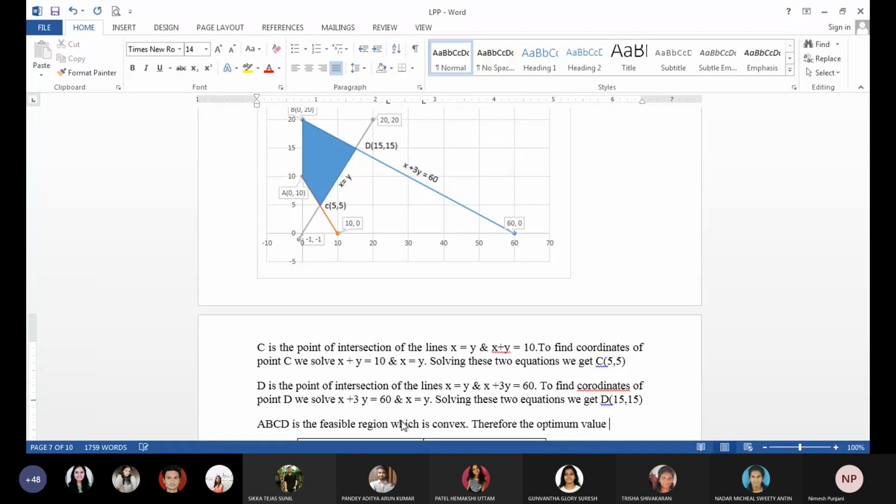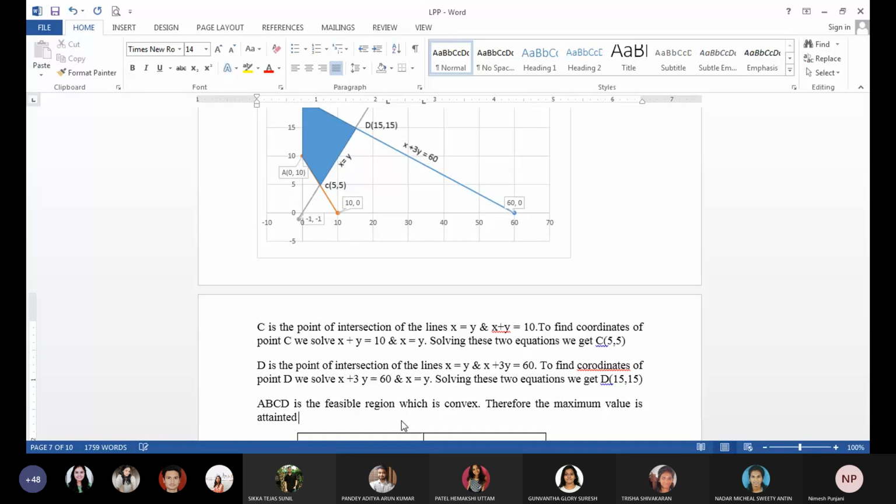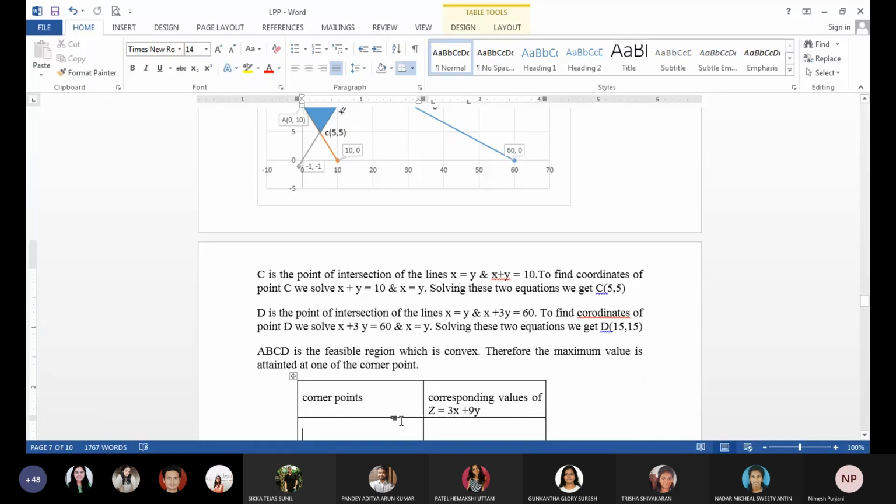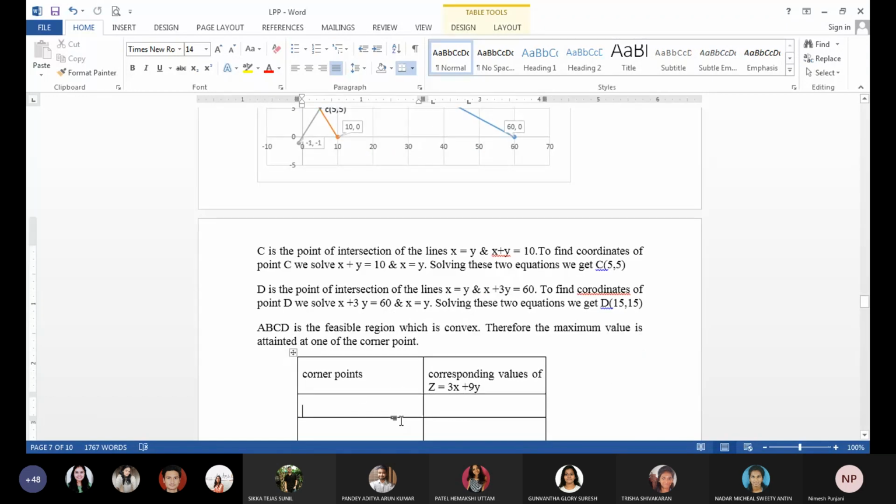Okay, here I will use the maximum value, right? The maximum value has to be found. The maximum value is attained at one of the corner points. So as usual, we find the values at the corner points.